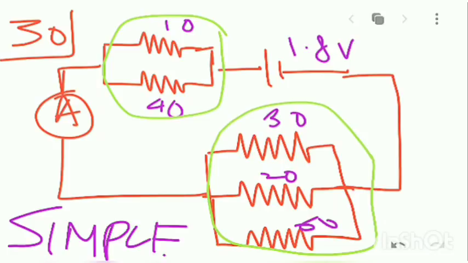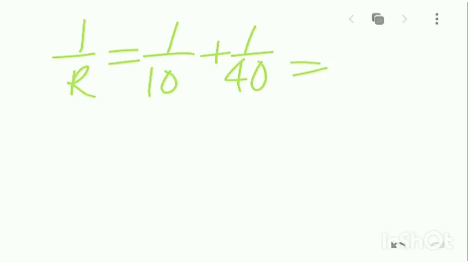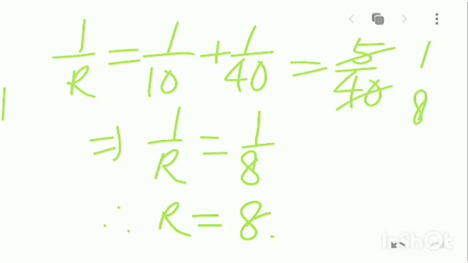So first calculate the net resistance of the first part. 1 by 10 plus 1 by 40. If you perform the LCM, you will find this is 5 by 40, that is 1 by 8. So the upper branch, 1 by R equals 1 by 8. So the upper branch resistance is 8 ohms.